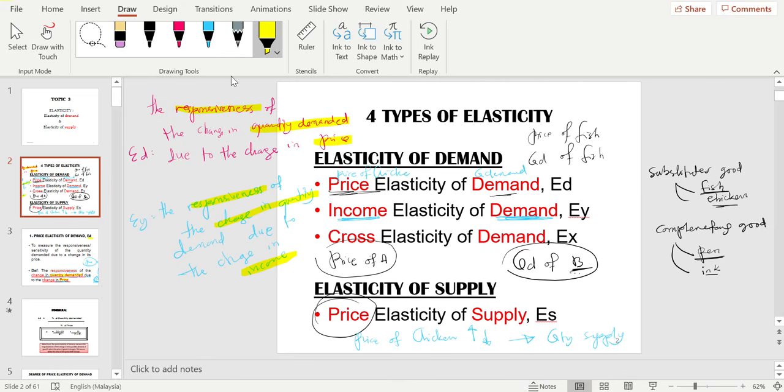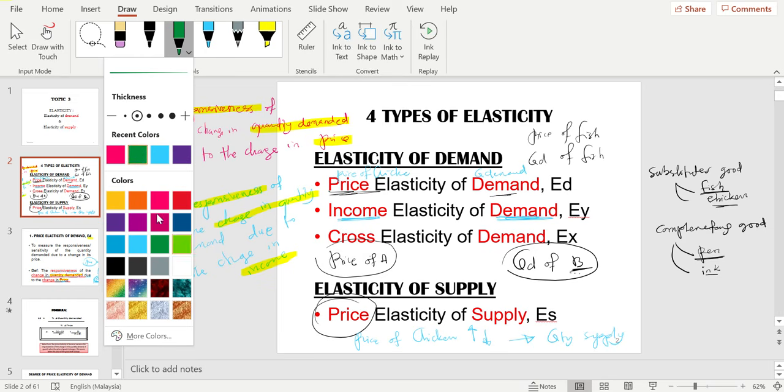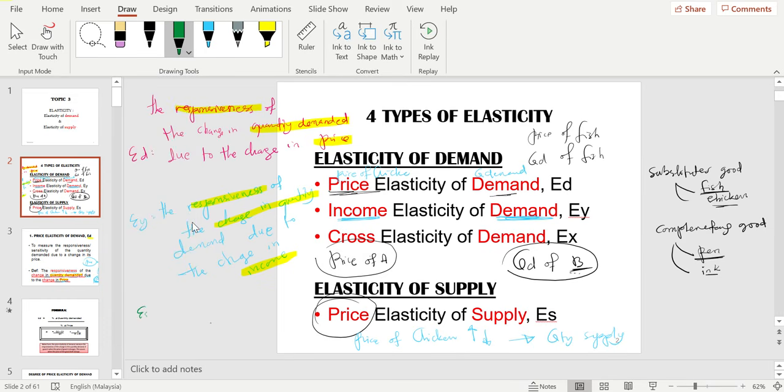Okay. Well, if we are doing the definition for ES, come on guys, even though you tak rujuk, of course you boleh buat ni. ES is the responsiveness of the change in quantity supply. Bukan quantity demanded dah kan?